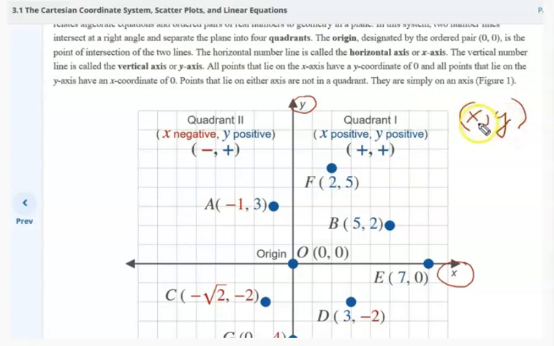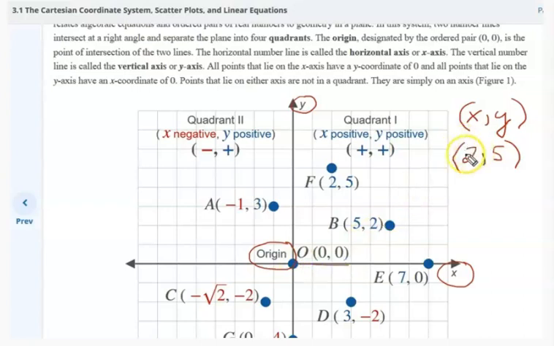And the protocol for plotting on this graph, you start at the origin, and we want you to label all of this, labeling an ordered pair, the origin, the axes, and then when we plot an ordered pair, for instance, 2, 5, and we want you to include this as well, you would take the x-coordinate, and since it's positive, you would go over 2 to the right.